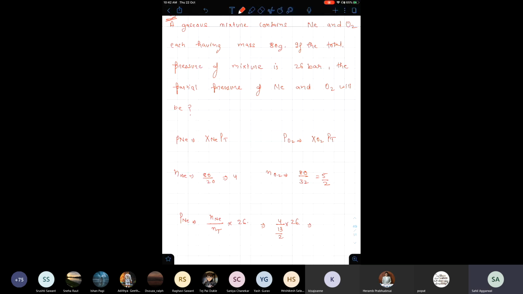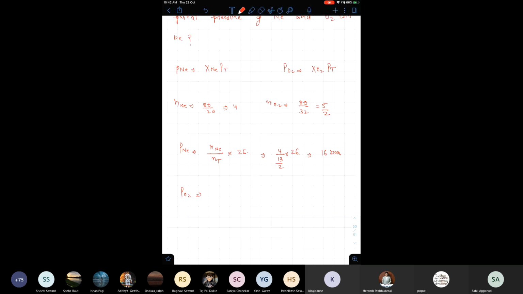So it will be 16 divided by total moles into 26. That will be 5 by 2 divided by 13 by 2 into 26. 10 bar.